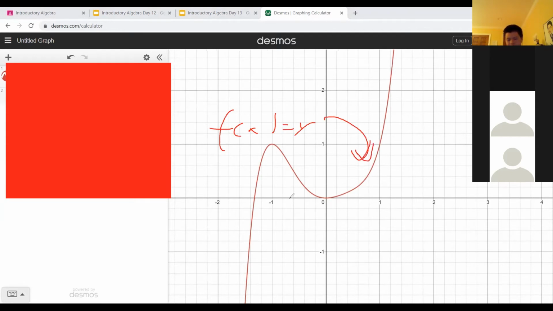However, what if I wanted to shift this function? What if I wanted to move up this function? Or really moving up the graph, I'm not really changing the function. So let's say moving to the right.